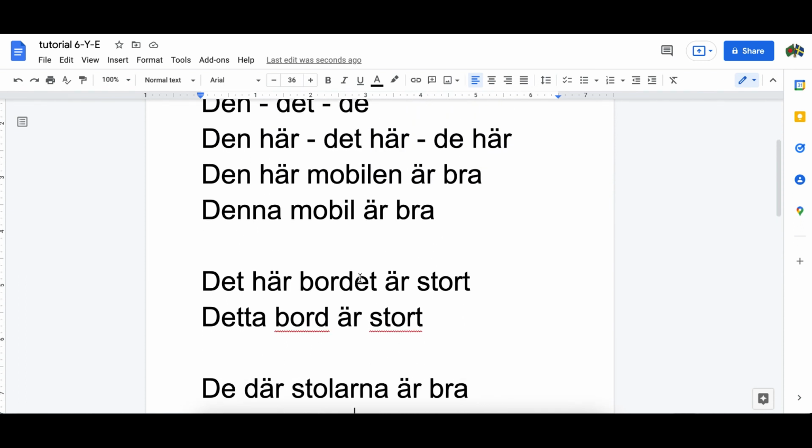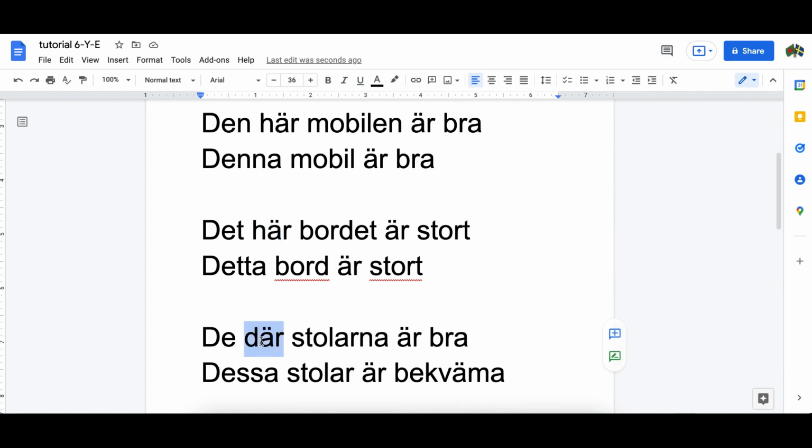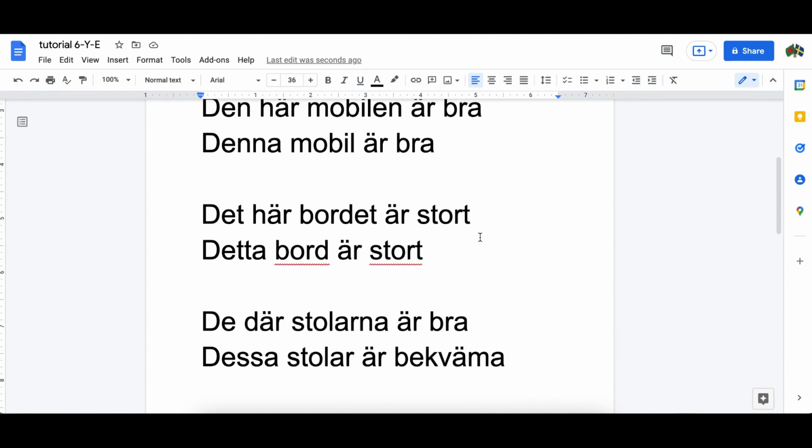So hope that you have understood the difference when we use den här and when we use denna, when we use det här eller det där. So as I said earlier, här we use when the thing is near to us, och där we use when the thing is far from us. So det här bordet är stort means the table is near to us.